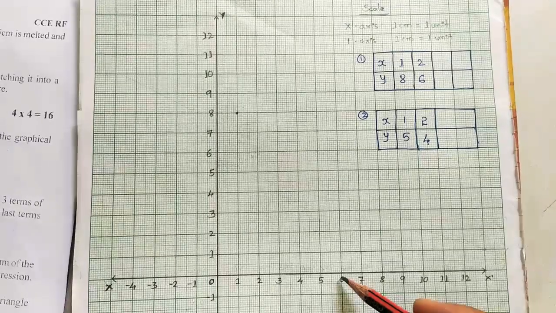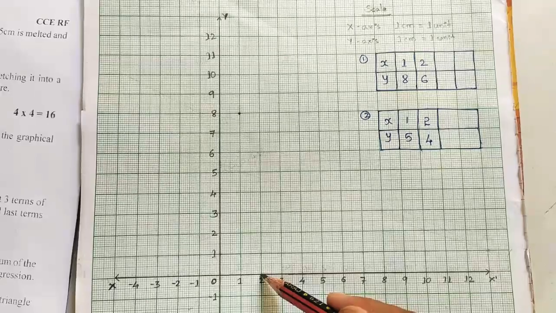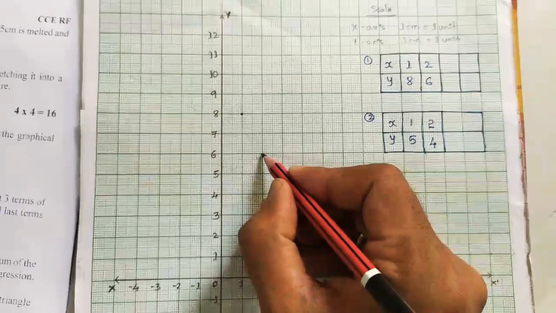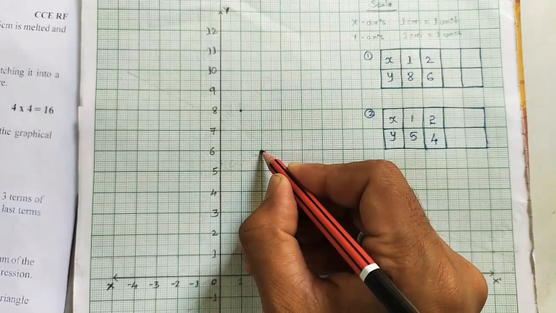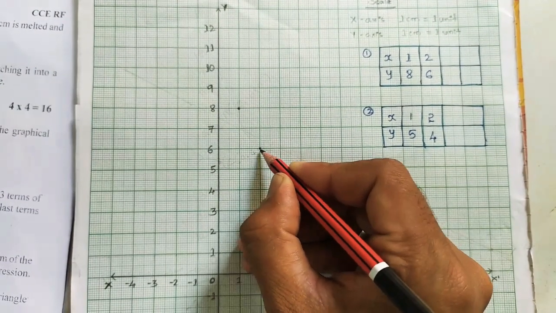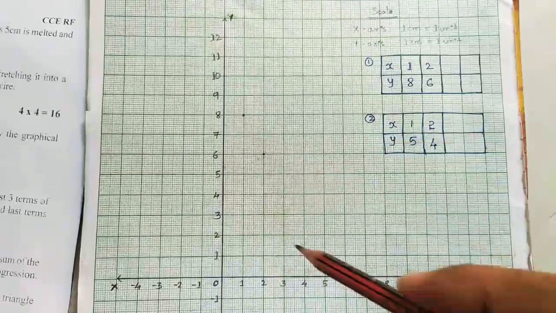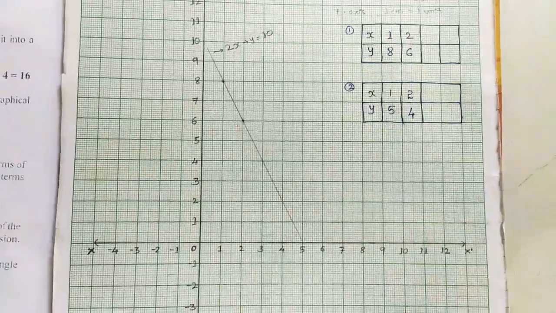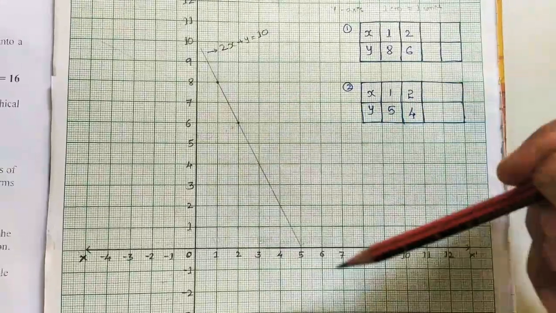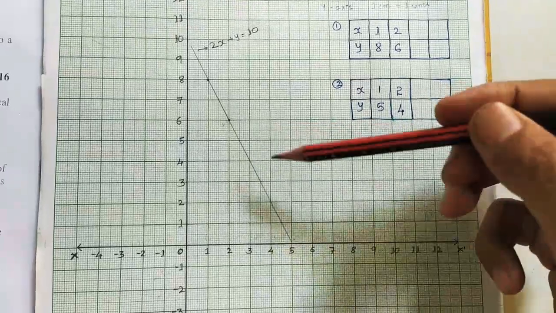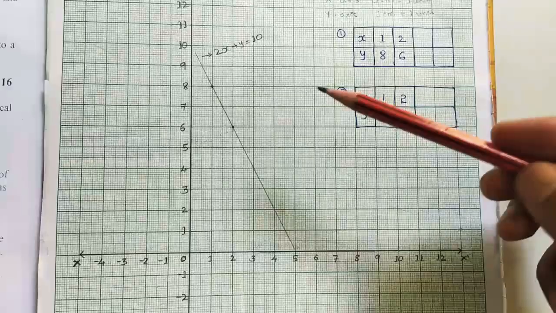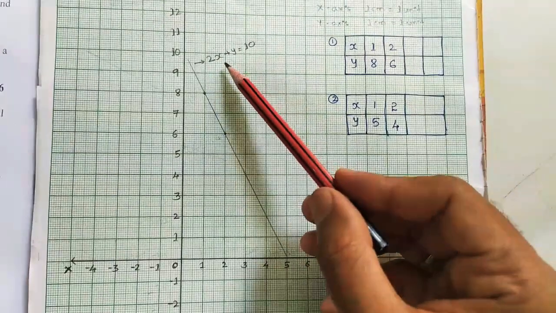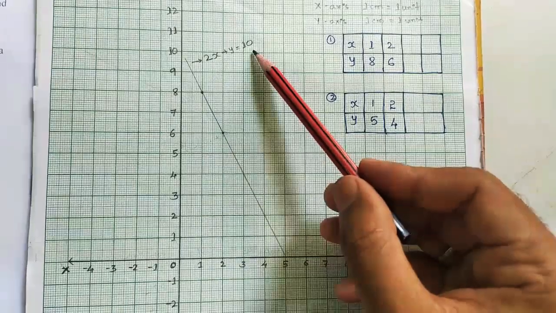Next, for the x equal to 2, y is how much? 6. So here we will get the point. Okay, so now draw a line by joining those 2 points. After joining the point, just extend that line. Name that line as equation 2x plus y equal to 10.